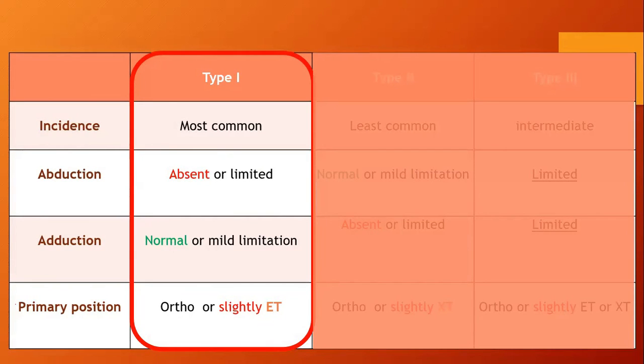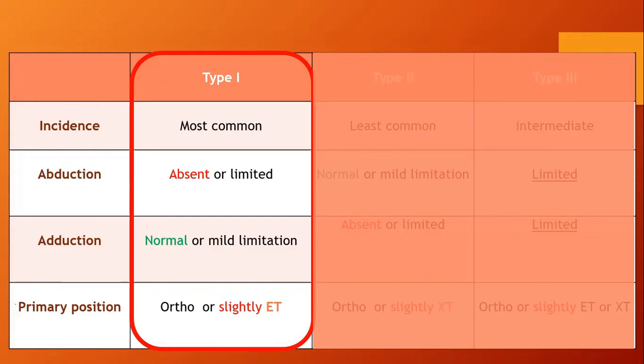Let's go one by one. So type 1, and in some textbooks, even when they mention the features of Duane syndrome, they only mention the features of type 1, because this is the most common presentation. And as you remember, the previous case actually was type 1. So in type 1, we comment on abduction and adduction. We have absent or limited abduction. So abduction is the affected movement, but adduction is normal.